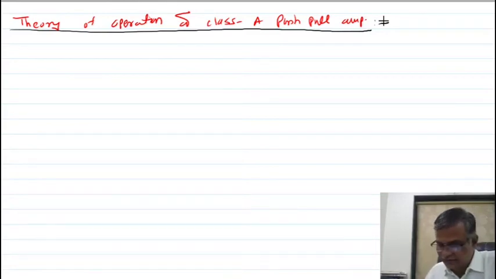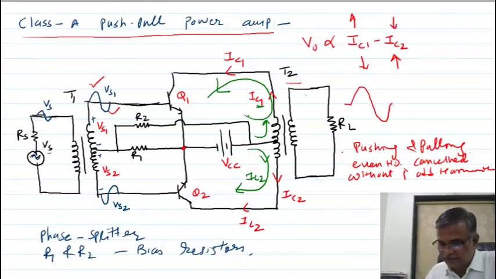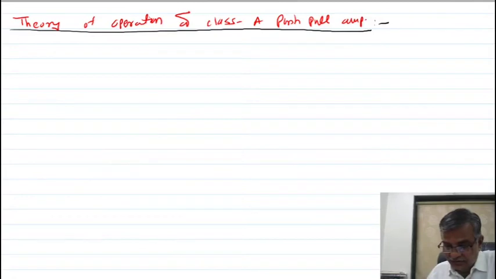You know that here both signals have a 180 degree phase shift. So base current also has a 180 degree phase shift. Here we are seeing that both the signals Vs1 and Vs2 have a 180 degree phase shift. As a result, base current also has a 180 degree phase shift.